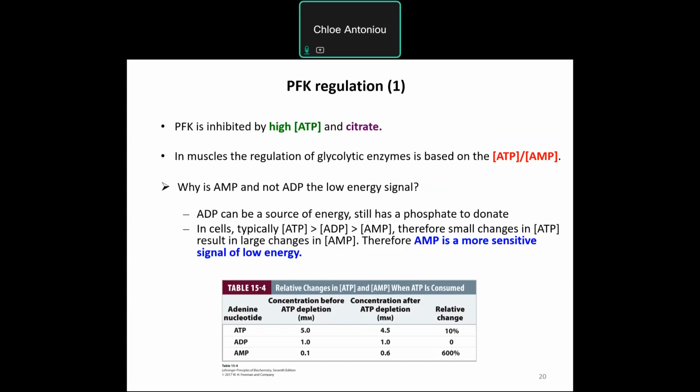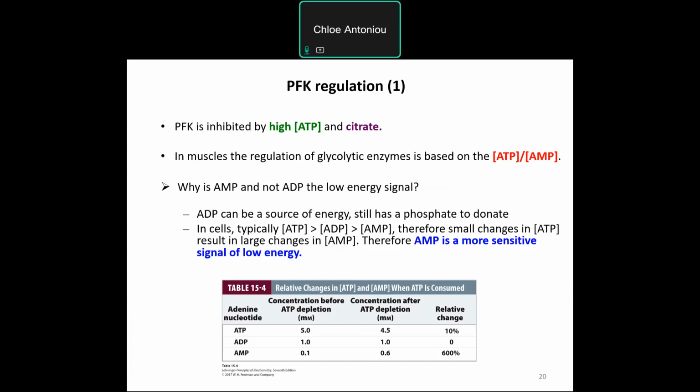So in a cell at rest, usually we have 5 millimolar ATP, 1 millimolar ADP, and 0.1 millimolar AMP. These are usually the ratios between these guys.